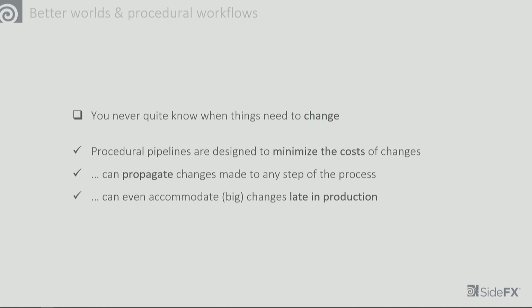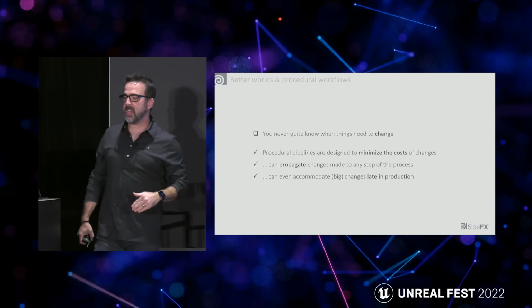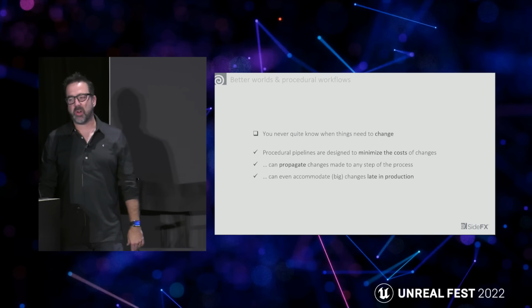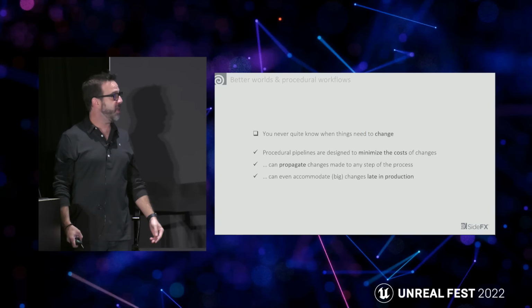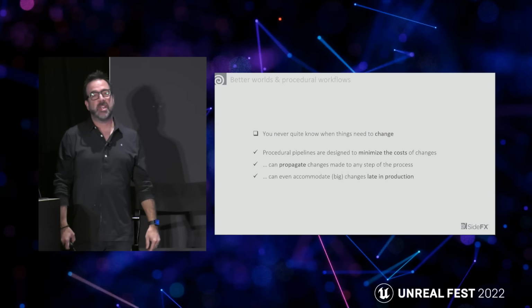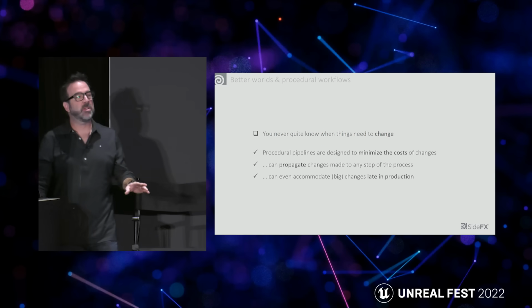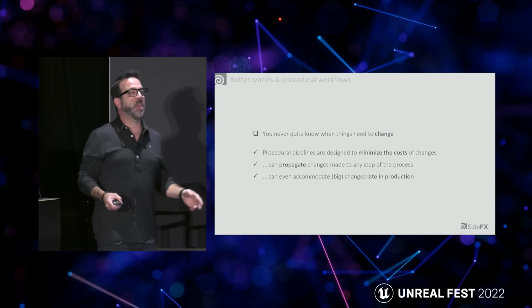You're always going to get feedback, and you're going to need to make changes. Procedural pipelines are designed to help mitigate or minimize the cost of these changes. Anything that's made at the base can propagate down to any step of the process and can accommodate even very late changes, instead of having to go back and ask, can we get more time, or we might not be able to do that this time.